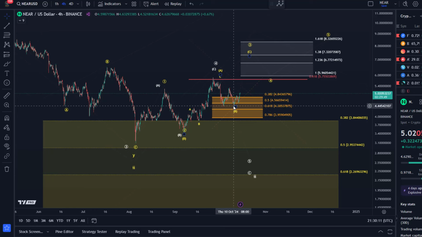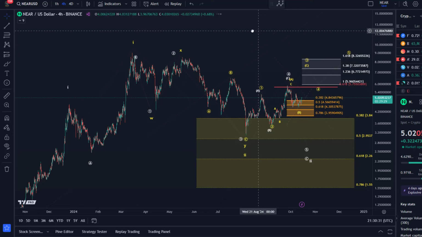But it seems like short-term the trend is up. So if you want to trade this, the clear invalidation point is 4.40, okay? And then there is the golden ratio level here at 5.75. That's probably working as resistance together with that last swing high there at $5.90.